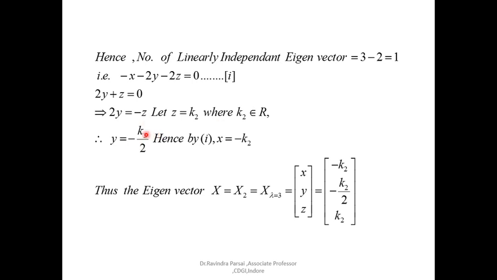Therefore from this you can find y is minus k2 by 2. When you substitute this z and y in the first one, you will get x equal to minus k2. Thus the eigenvector corresponding to the second eigenvalue lambda equal to 3 is (x, y, z) equal to (minus k2, minus k2 by 2, k2).